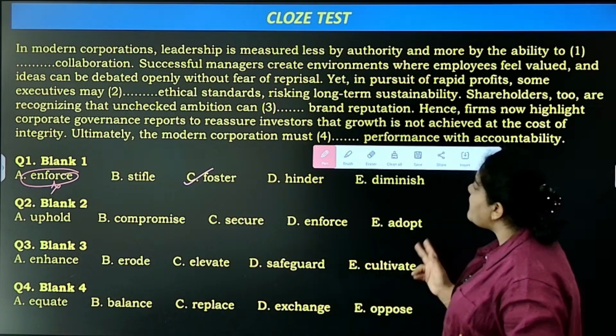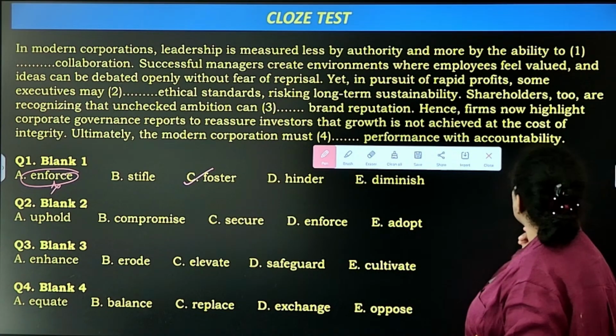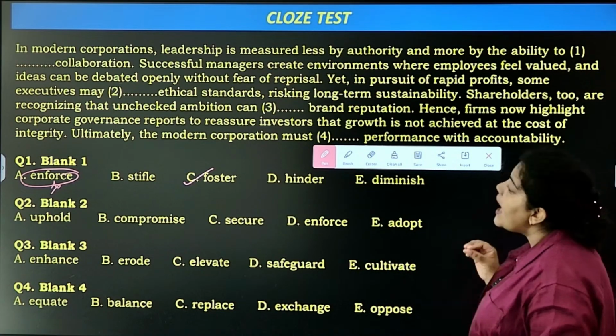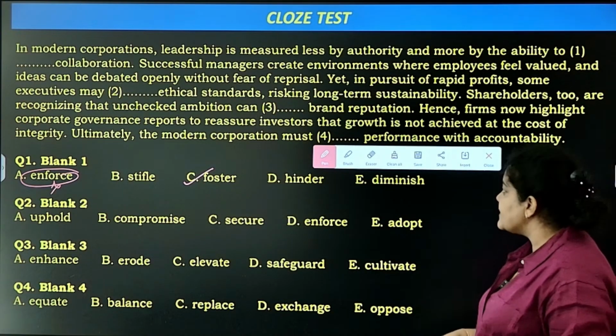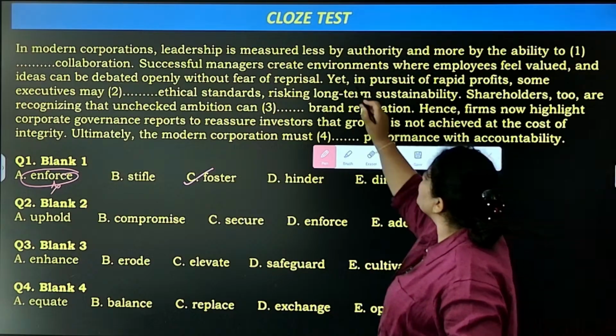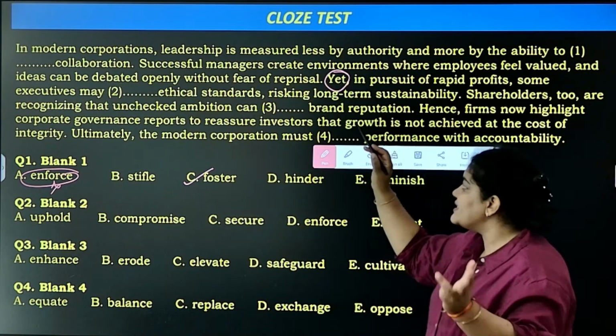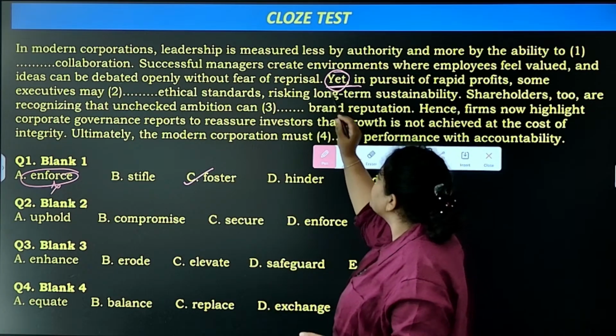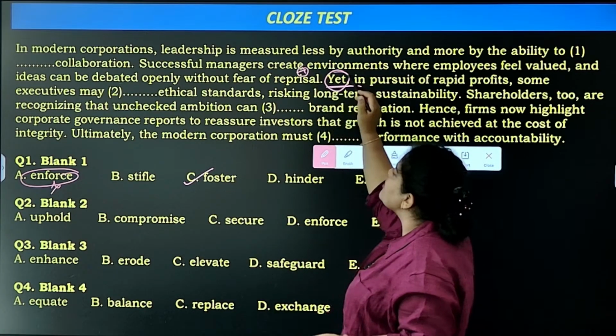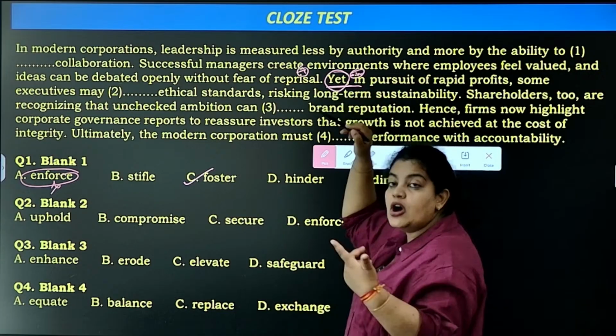So successful managers create environment where employees feel valued and ideas can be debated openly without fear of reprisal. Yet in pursuit, okay, now the tone we can see here, that with this opposite word, or reversal word, the tone which was actually now positive, we can now expect it to change to negative.